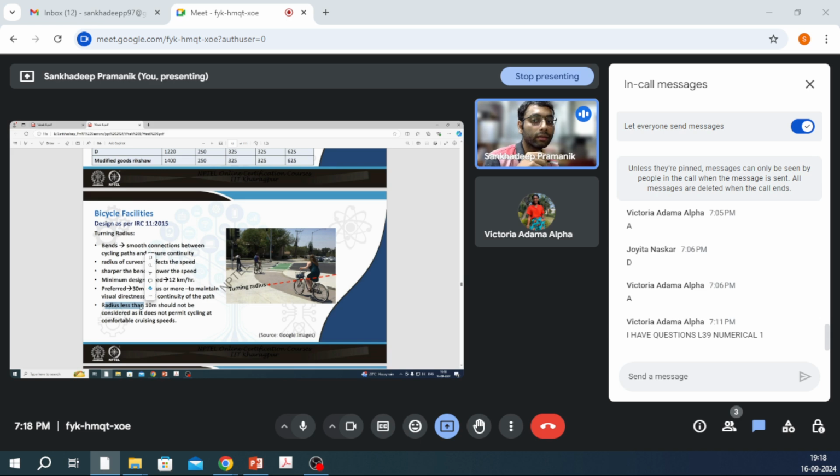Yes, like the minimum design speed is 12 kilometer. A cruising speed is actually the speed they are moving, and if the radius value is very low, then the speed might be higher, and people cannot take a turn in a comfortable manner if the curve radius is very low and the curve is very sharp.